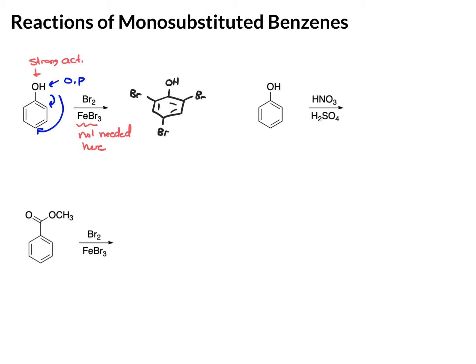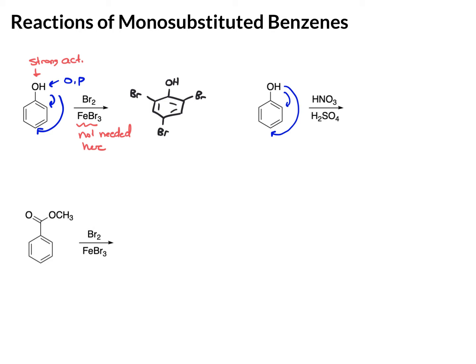In contrast, if we do a nitration, the phenol is still a strong activator, it's still an ortho-para director, but in this case, because we're doing a nitration, we're only going to get mononitration products.